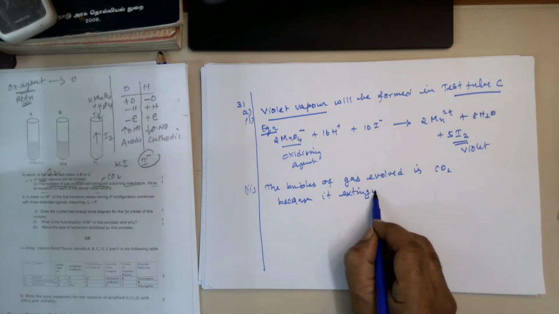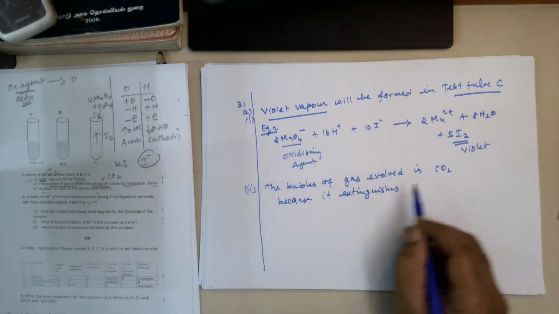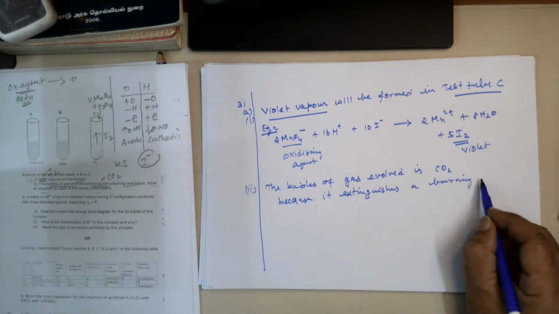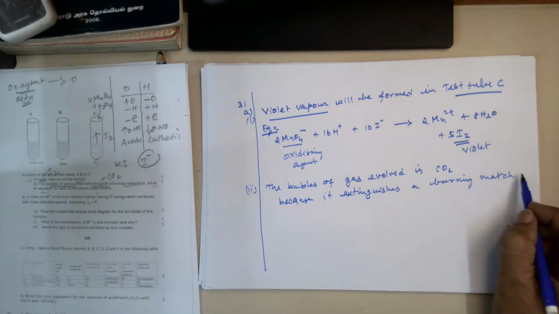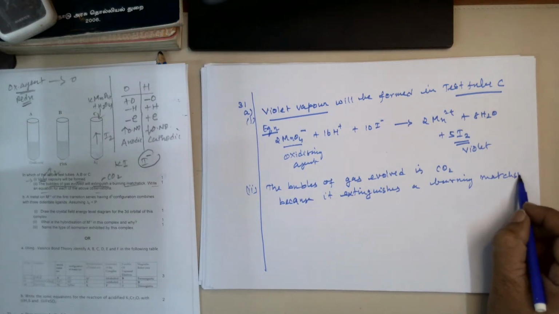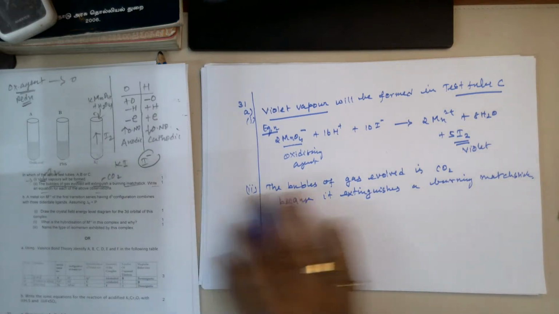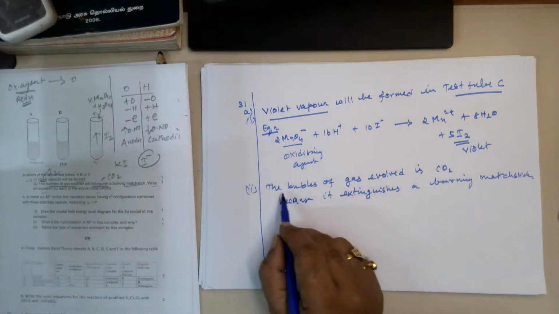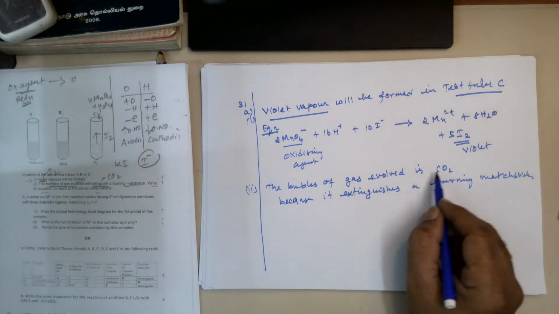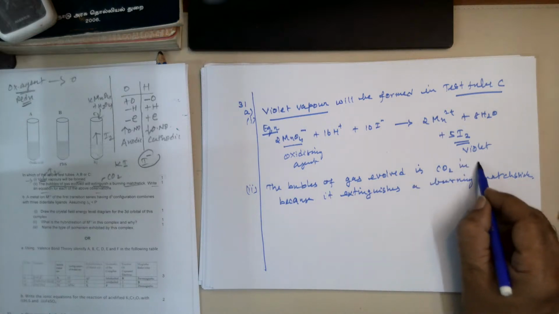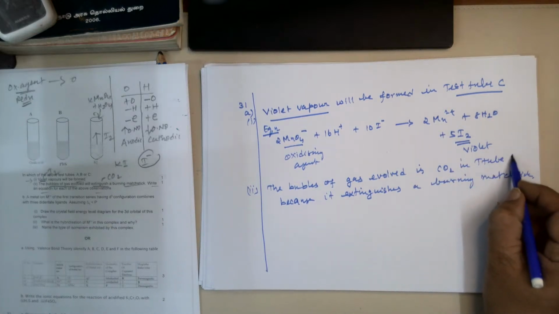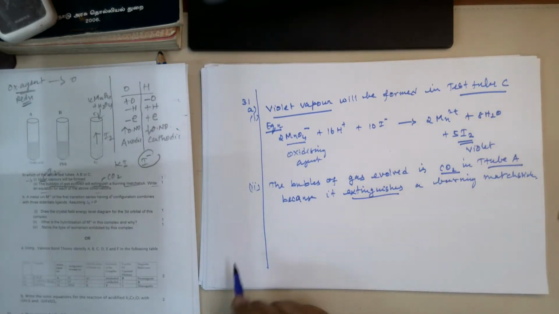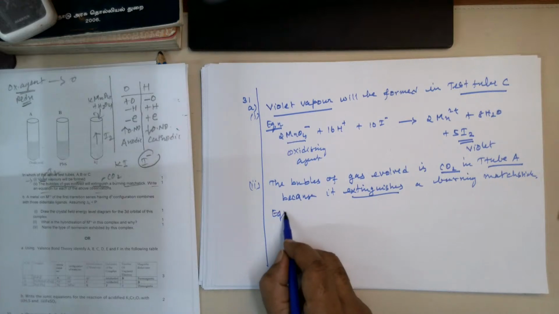Okay, write down: extinguishes a burning matchstick. Okay, so we have justified. And the test tube is A. So the bubbles of gas evolved is CO2 in test tube A. Underline CO2 extinguishes. Okay, now we have to establish the equation.